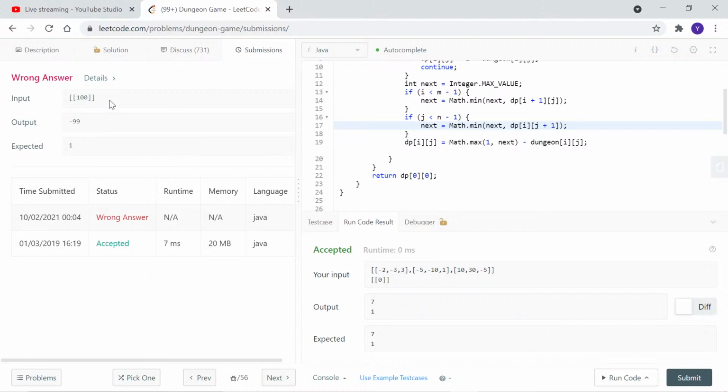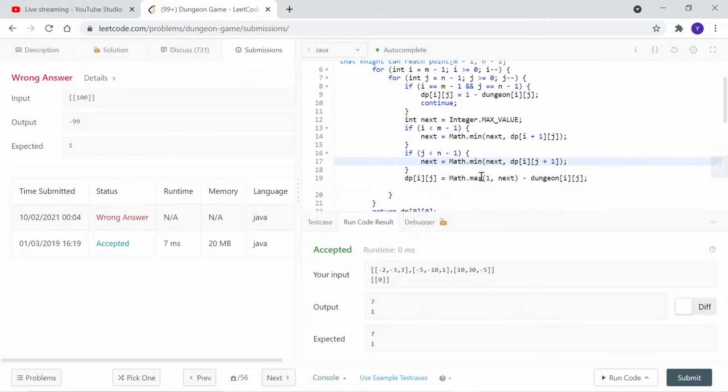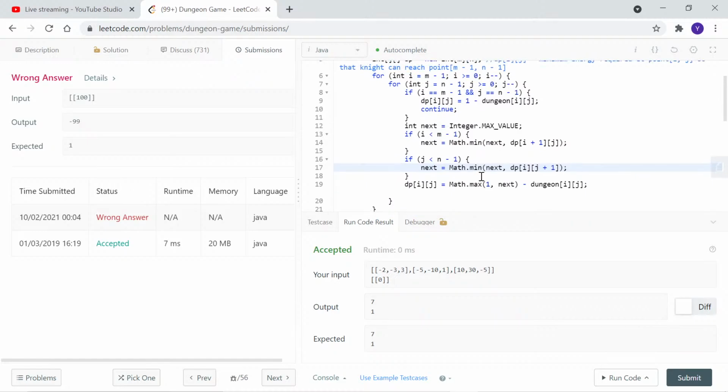Okay, there is one that is wrong. Output dp00 minus something, expected 1.